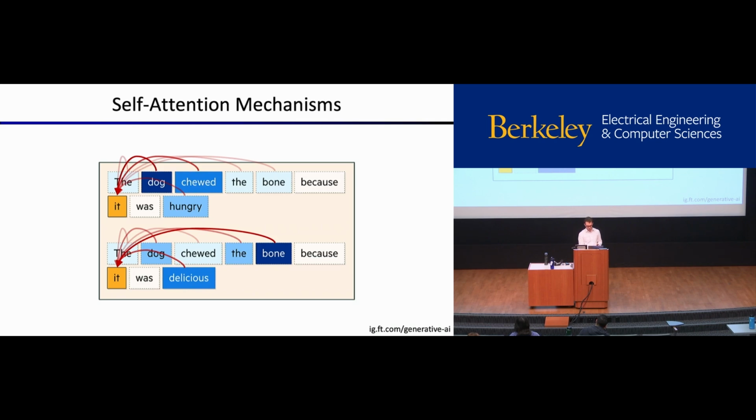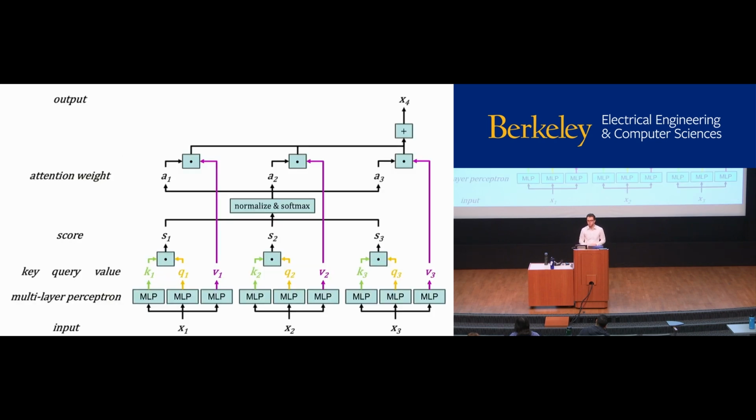It computes them using this process. Okay? All the pieces here are things that we've seen before: perceptrons and dot products and normalization and sums. All we're doing is using them in a new way, and this is what allows us to achieve this kind of attention-style behavior.